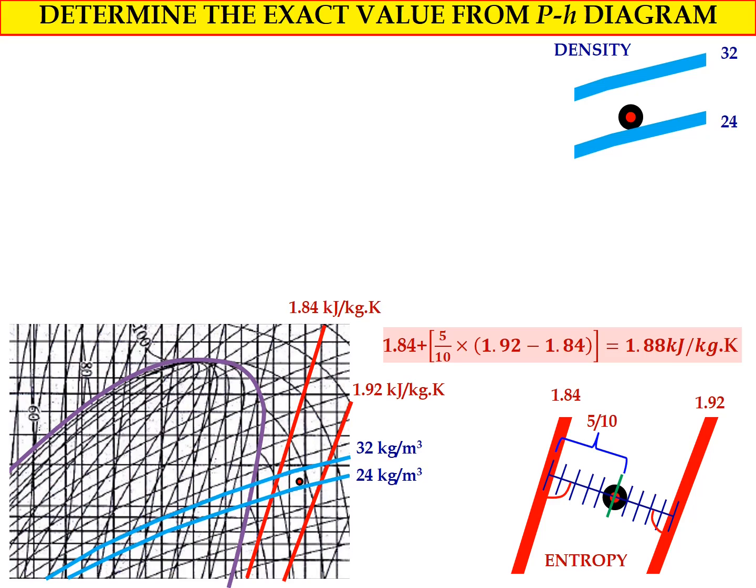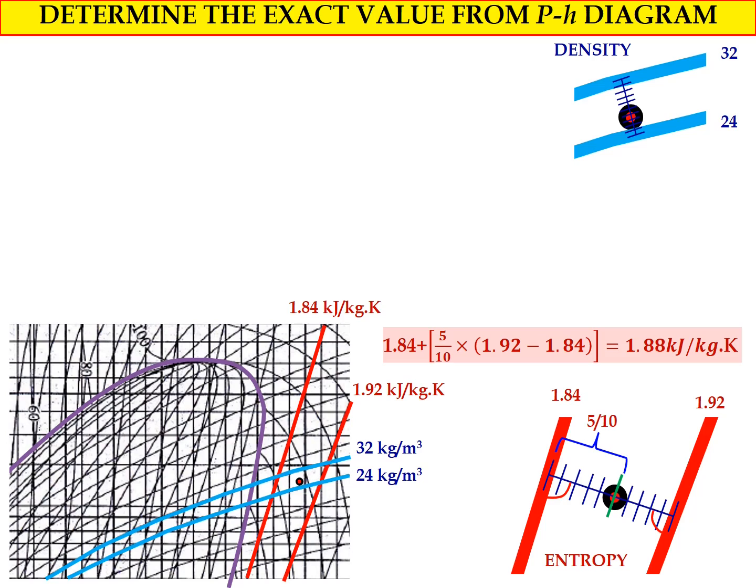So we'll use the same method where we need to make our own scale. Just draw the major scale line and make sure that the angle at the end of the major scale line and also the line for the density, the angle must be as similar as possible. Then we divide the major scale line into a few minor scales.